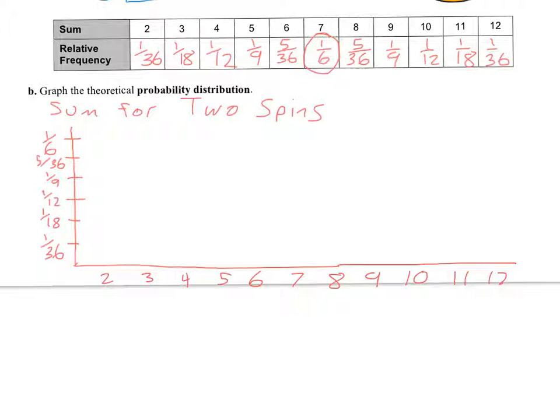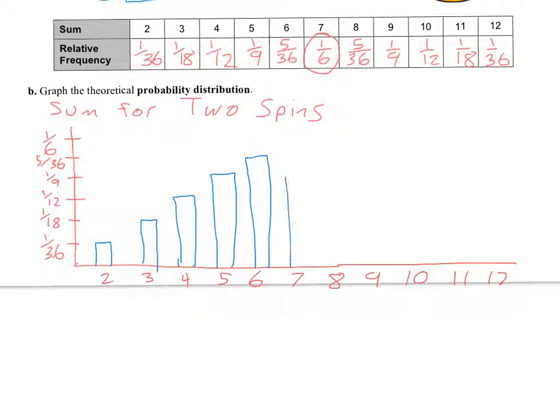Okay, and then we just draw bars for each of those. This one went up to 1 over 36. This one went up to 2 over 36, 3 over 36, 4 over 36, 5 over 36, 6 over 36. Then I went back down.